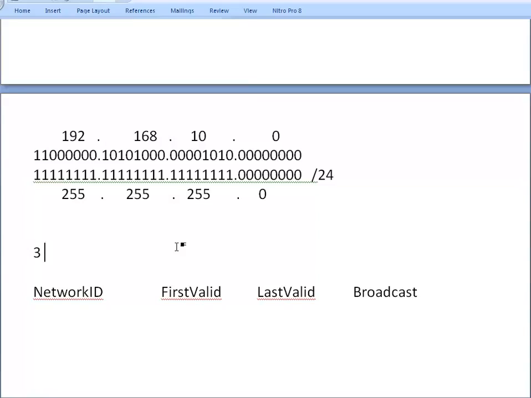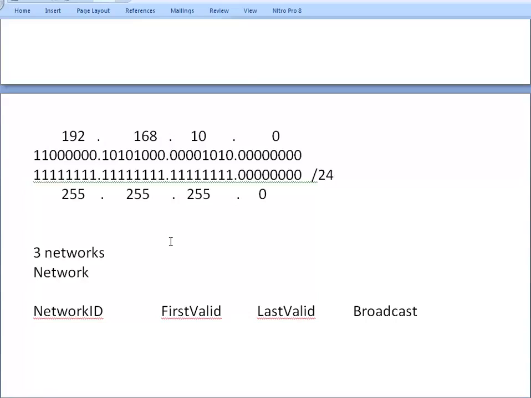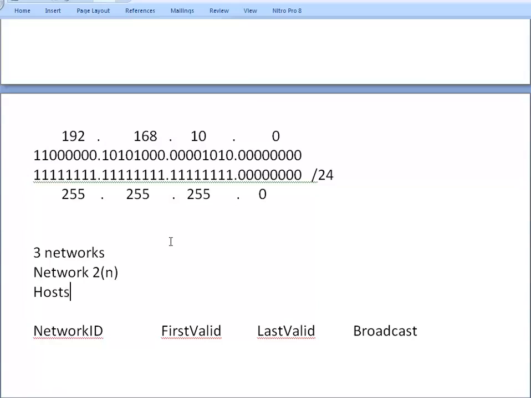I want 3 networks. Okay, to have three networks, the formula for the network was 2 to the power n. For the host, the formula was 2 to the power n minus 2. For three networks, if I borrow 1 bit, this will change to 1, and 2 to the power 1 is 2, so that's not enough.